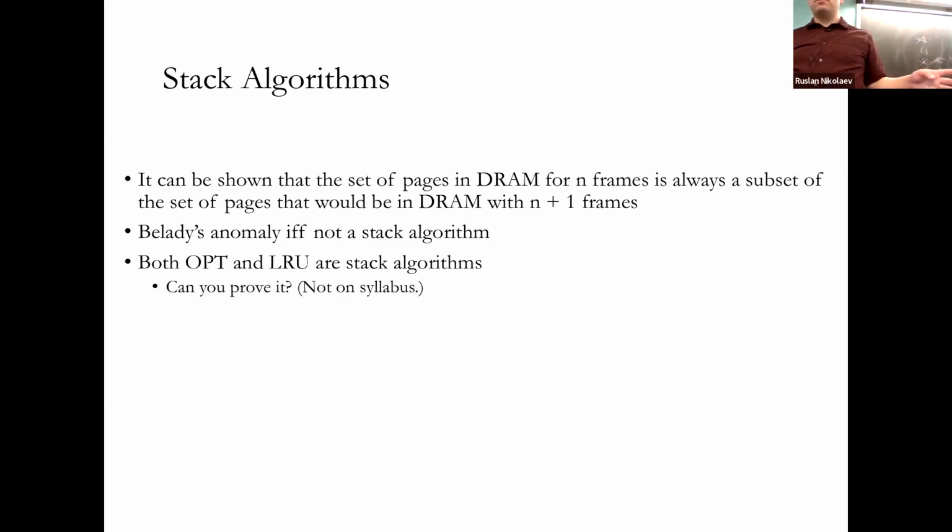So that's an advantage of LRU: at least if you buy more memory, you're not getting worse performance, as with FIFO. Even though it's not the optimal algorithm, it still has that advantage. If it's not a stack algorithm, then it will have Belady's anomaly. If we can show that it's a subset for n+1 frames, then we can prove it's a stack algorithm. You can try to do it yourself for optimal and LRU, but I'm just telling you that it's the case.